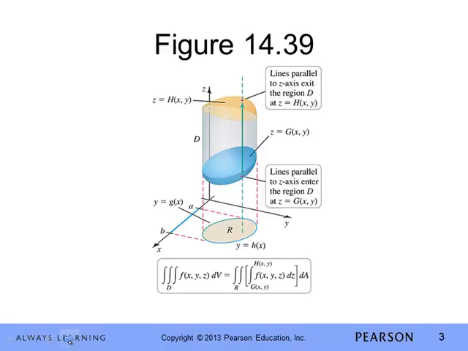If you decide to integrate with respect to z first, then z will go from here to here, and then you'll figure out your limits of integration for x and y down here on the xy plane.